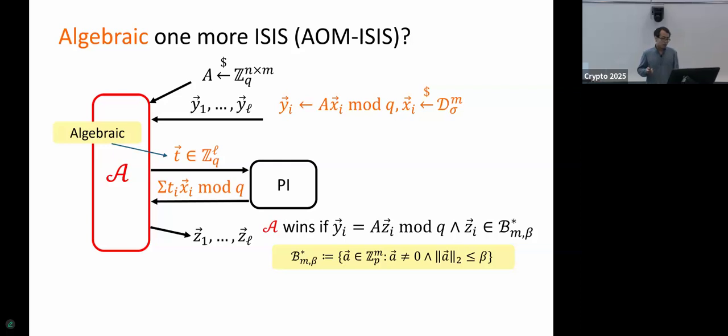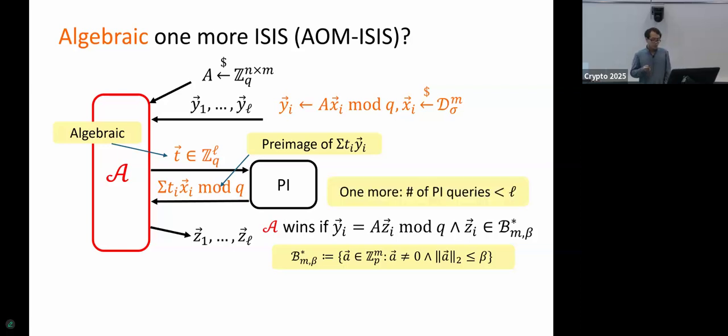Hence the name algebraic. In particular, the PI oracle will take a coefficient vector t and output the sum of t_i times x_i. This is actually a pre-image of the sum of t_i times y_i. Similarly, we require that the number of PI queries is less than L.